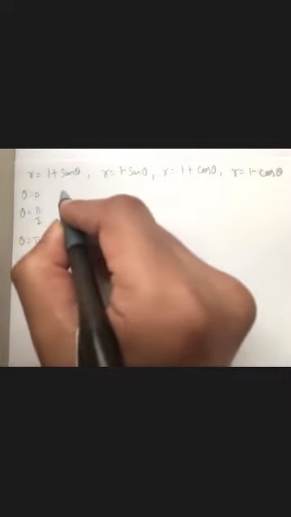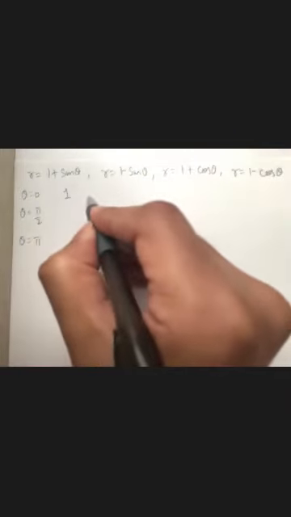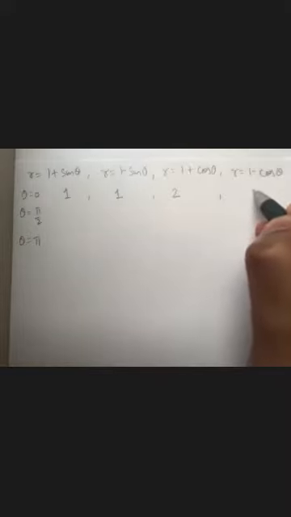When theta is 0, this is 1, this is 1, this is 2, this is 0, right?